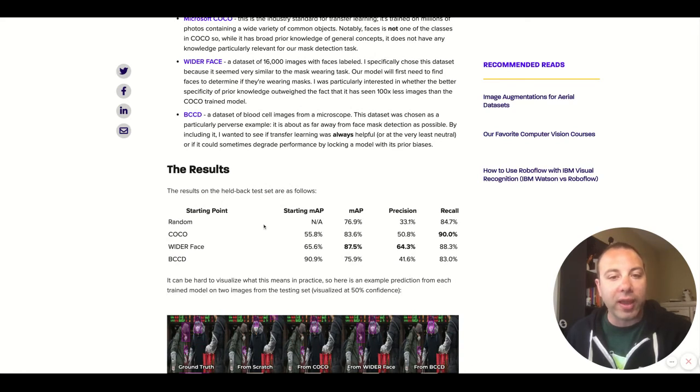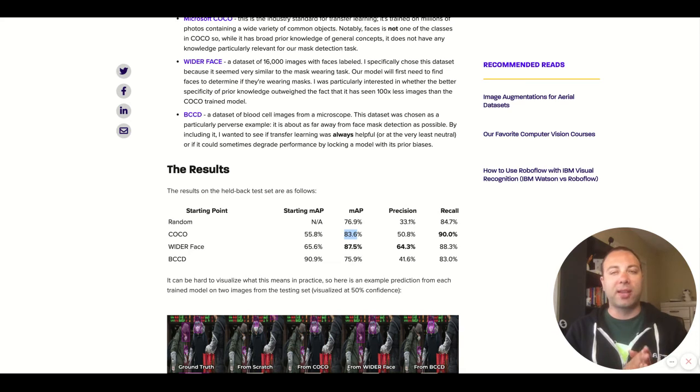It turned out that starting from COCO, let's start from scratch. So starting from scratch, I got a 77% mAP. When I started from COCO instead, it turns out that there was stuff to generalize from that data set. So the intuition behind transfer learning is that there's a lot of things about photos that your model can learn from other data sets.